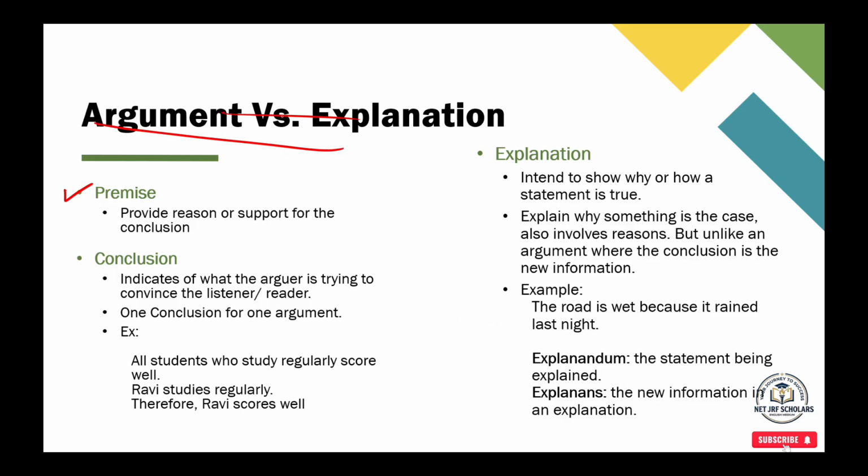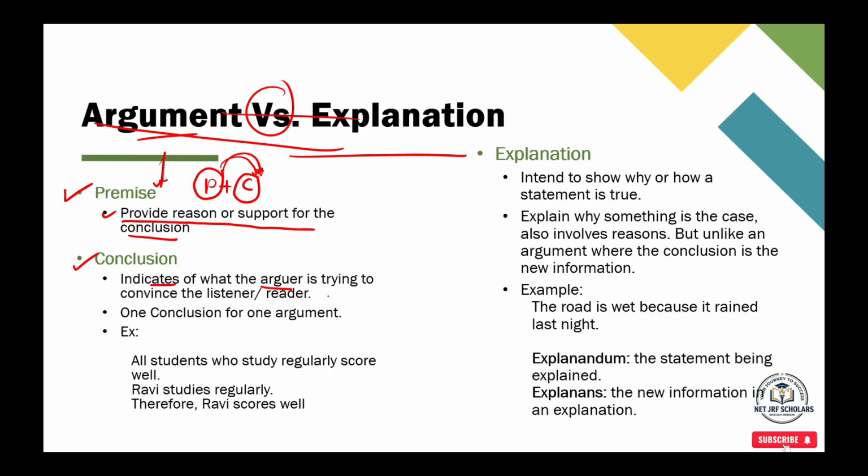Now we look at the argument and explanation distinction. In the argument, as I explained, we have one or more premises and one conclusion. The premises provide reason or support for the conclusion, so it makes the conclusion stronger. The conclusion indicates what the arguer is trying to convince the listener or reader of. Why does a particular person argue?